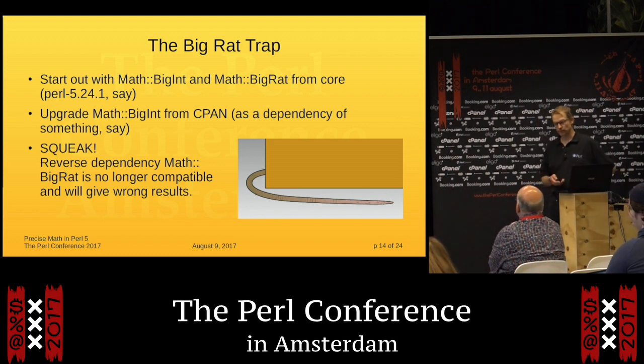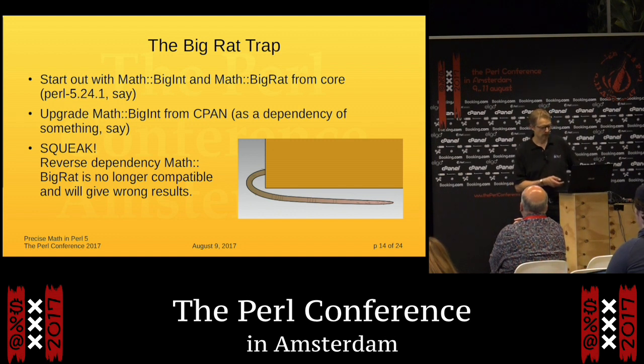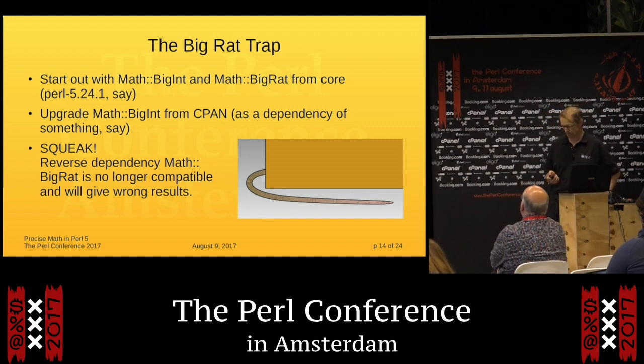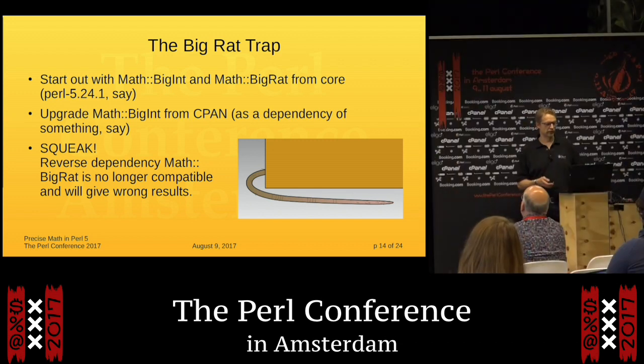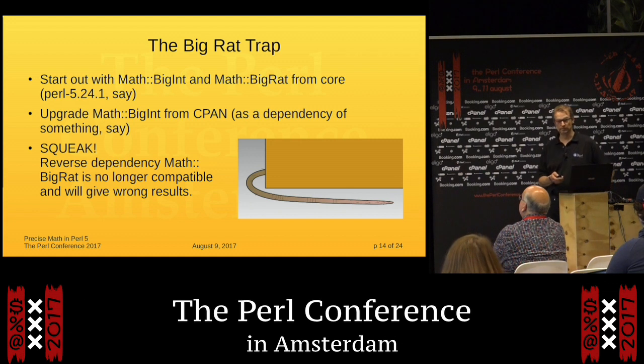What, of course, you should do to repair this is to upgrade Math::BigRat after you have upgraded Math::BigInt. Unfortunately, our toolchain will not do that for us. But if you make excessive tests, you will finally find it out.